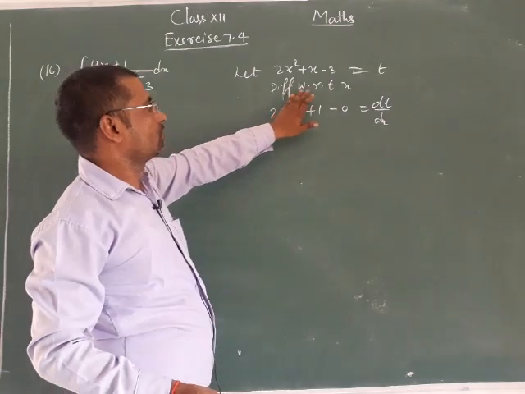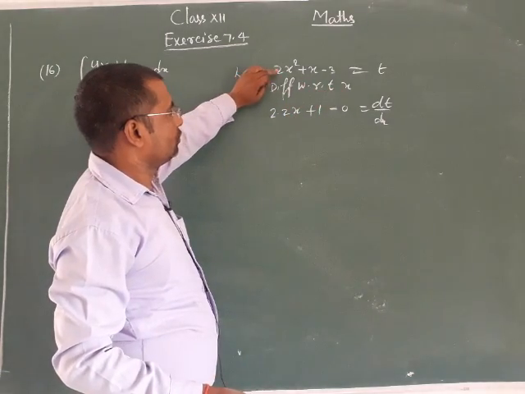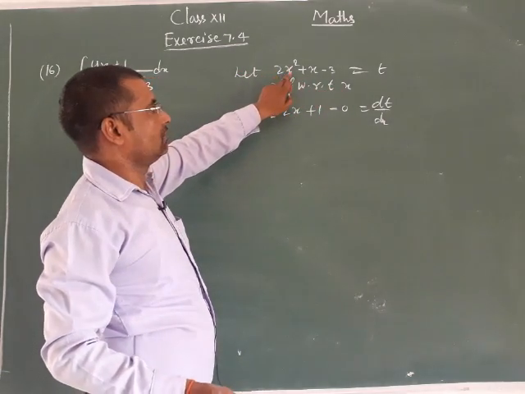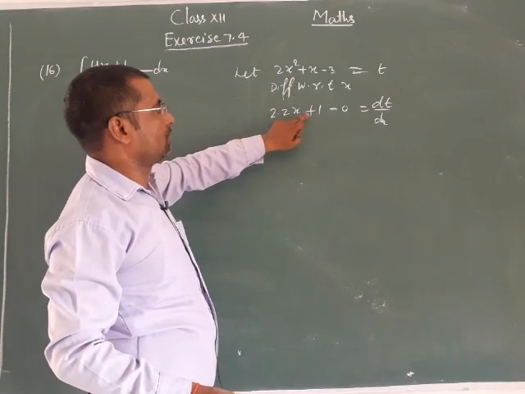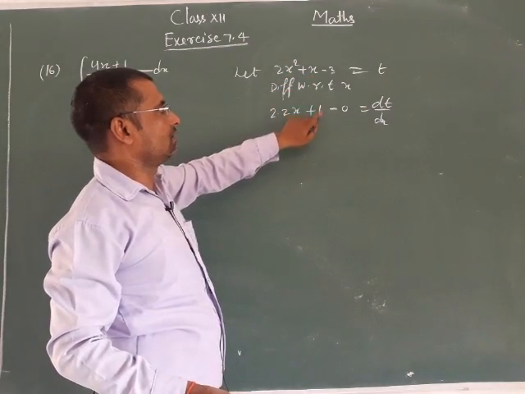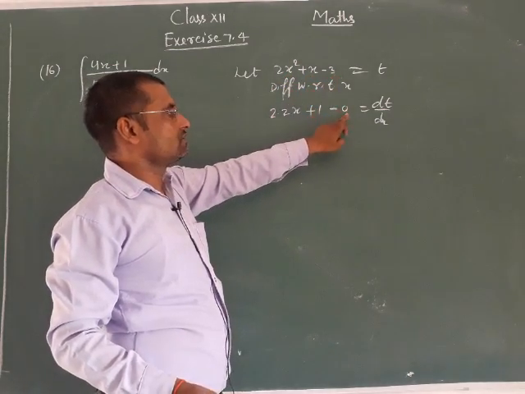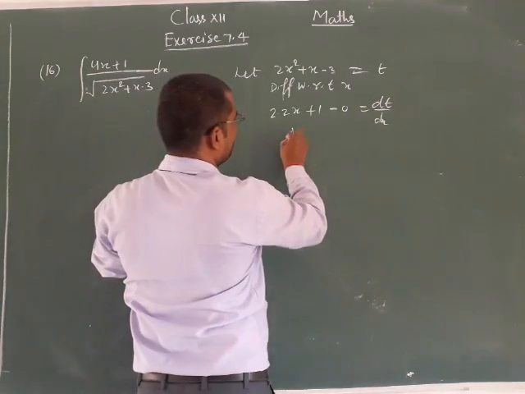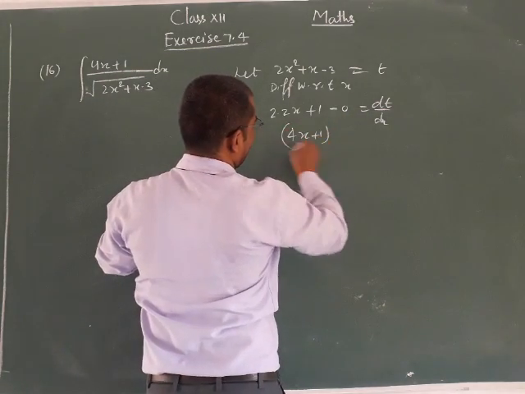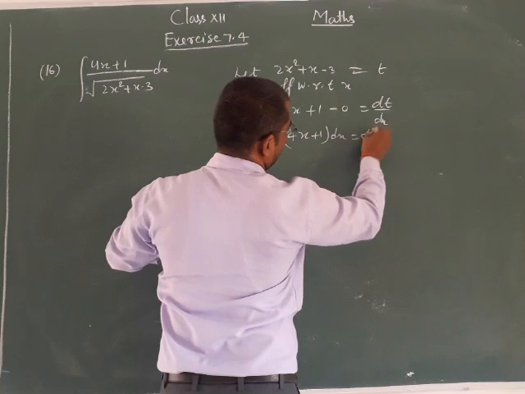Differentiating with respect to x, we get 2 common out, derivative of x square is 2x, plus derivative of x is 1, derivative of constant is 0. So (4x plus 1) dx is equal to dt.